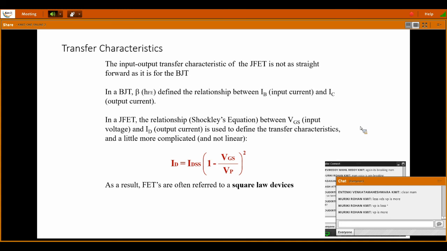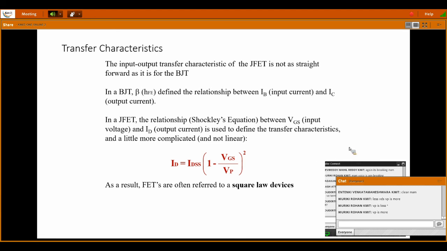But in a JFET, the relationship, that is Shockley's equation, between VGS input voltage and the output current is used to define the transfer characteristics, and it is a little more complicated and not linear. You can see the graph now. The graph of a JFET is non-linear.